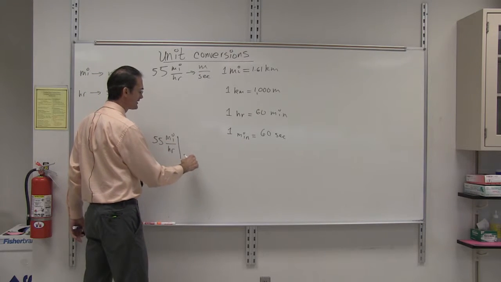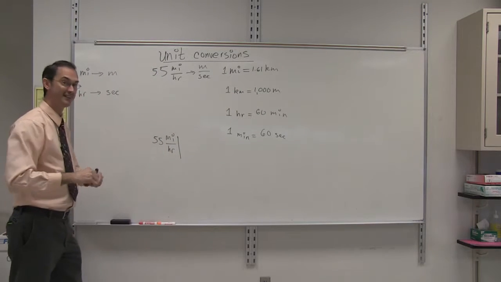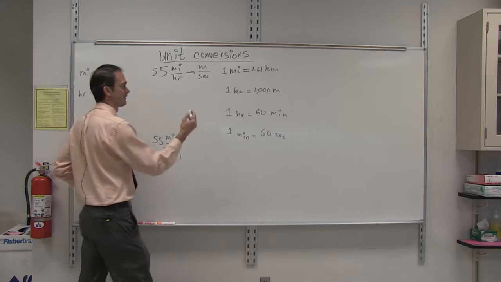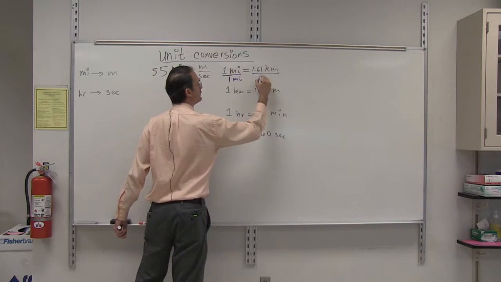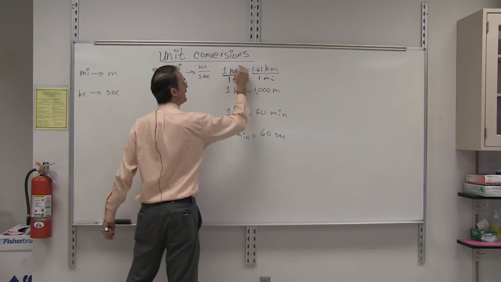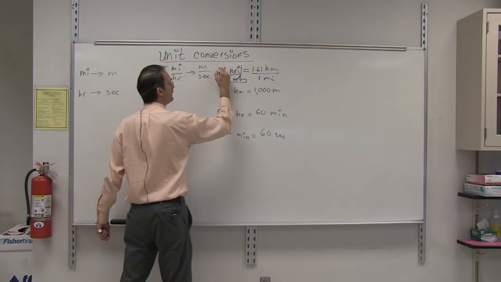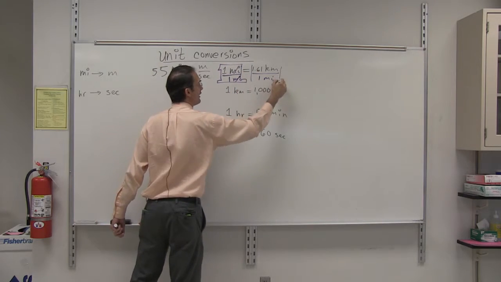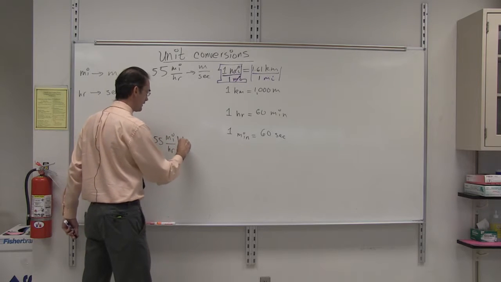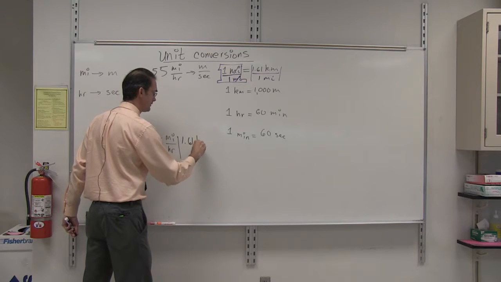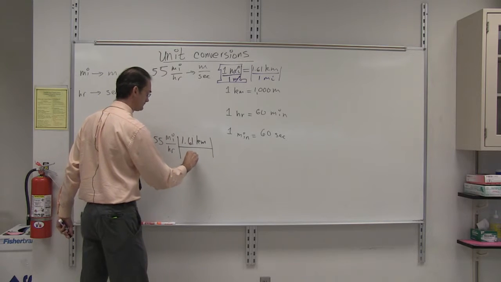We need to have miles downstairs in a conversion factor. So let's divide both sides by the side that actually has miles. 1 mile goes home. And we have 1 on the left, as we saw before, and this conversion factor on the right. So we have 1.61 kms, and this goes over 1 mile.